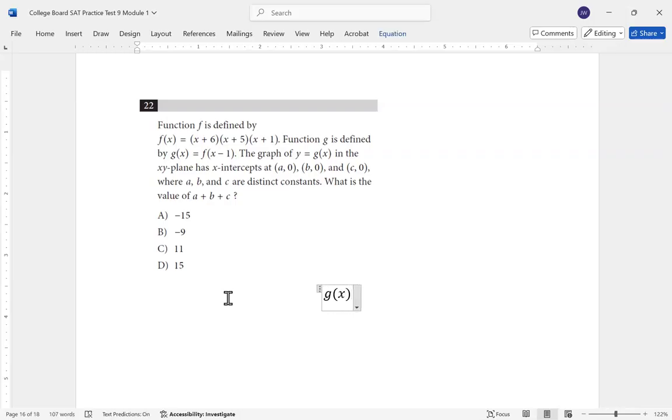We have g of x is equal to f of x minus 1. So what I'm going to do is take my f of x and replace each x with an x minus 1. You can do that in parentheses, or technically you don't need the parentheses if you don't want to.